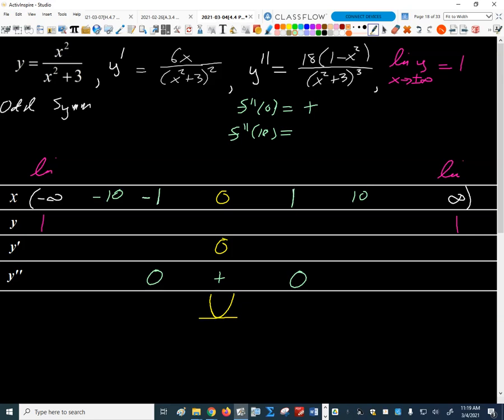Give me a plus or a minus. Okay, I'm getting lots of negatives. I agree. I end up getting negative over positive is negative. And so sure enough, this has to be an inflection point, doesn't it?